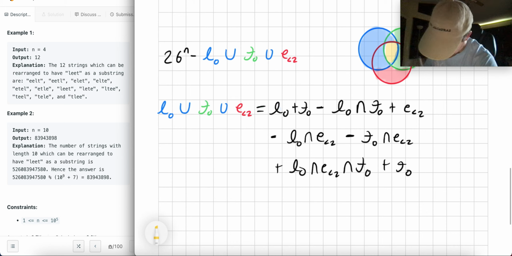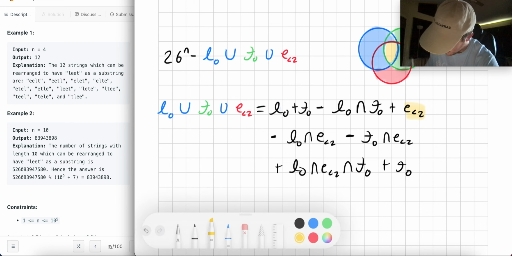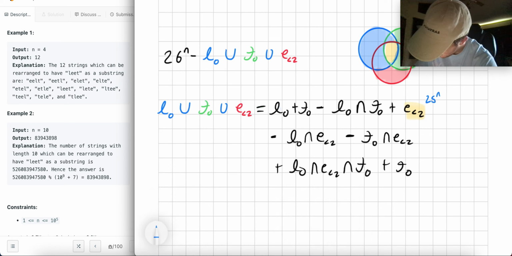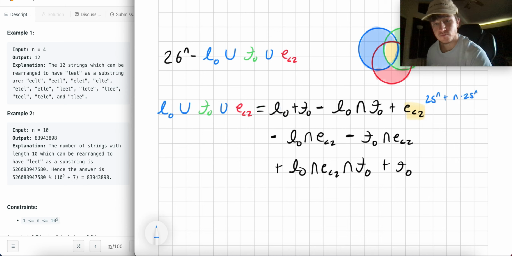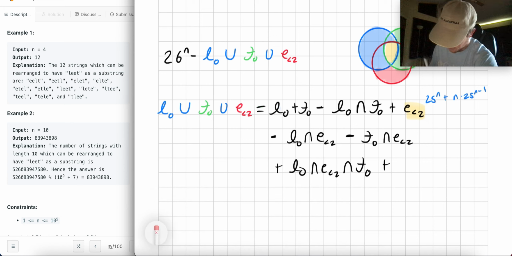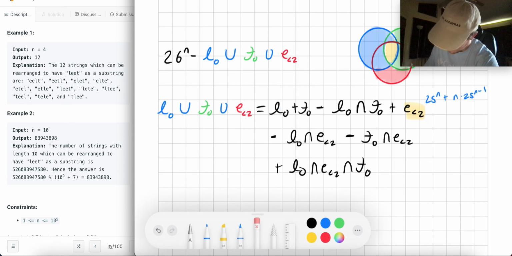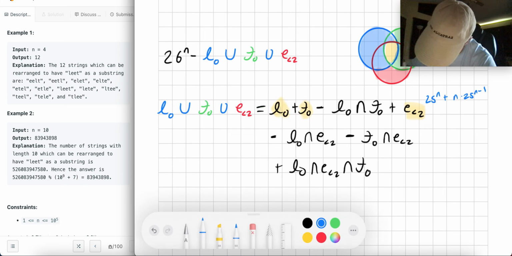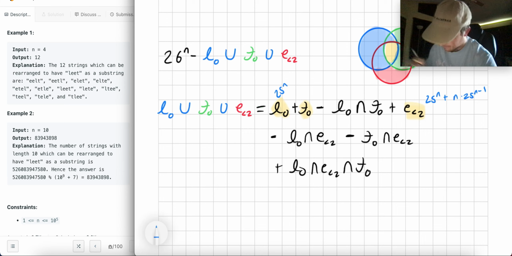E less than 2, we calculated, was 25 to the n plus n times 25 to the n minus 1. Oh, I did put T0 there, my bad. T0 is up here. We know it is 25 to the n, and this is 25 to the n.